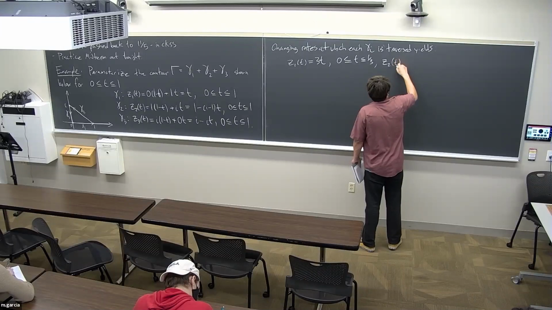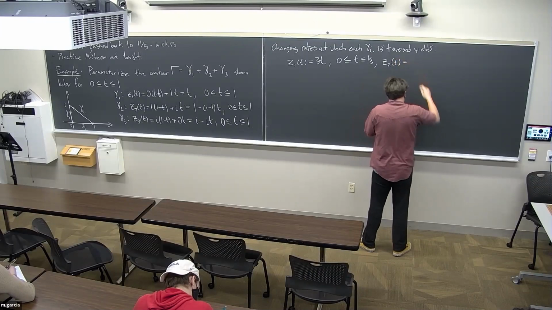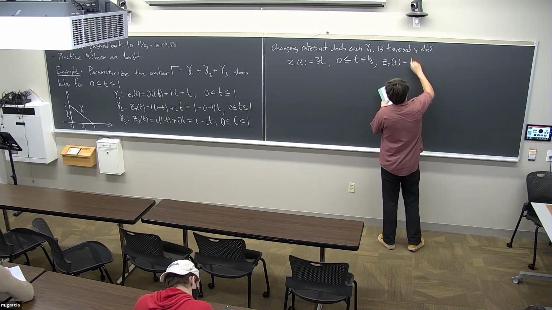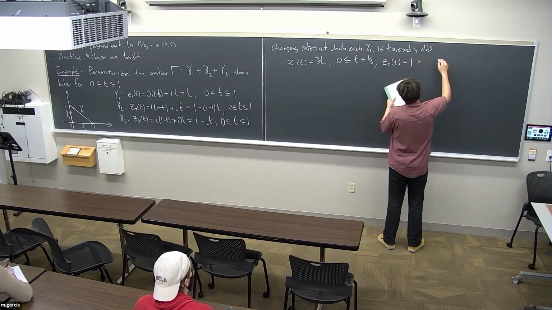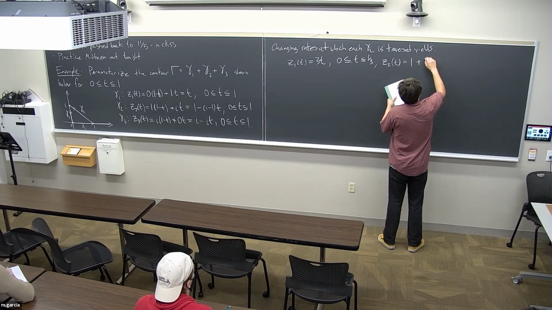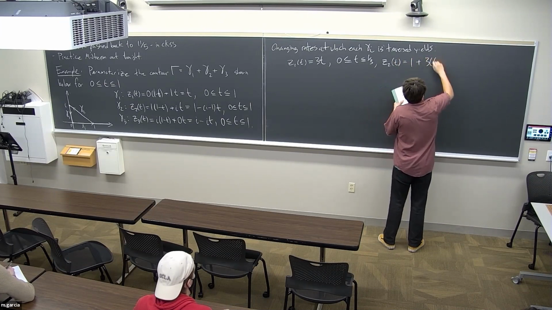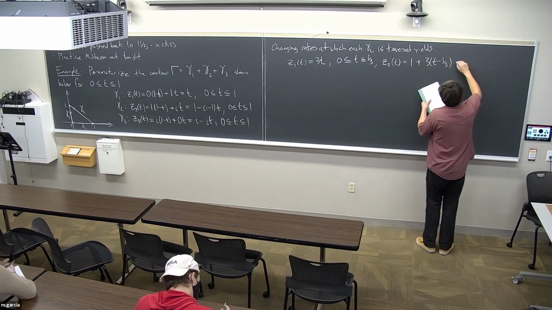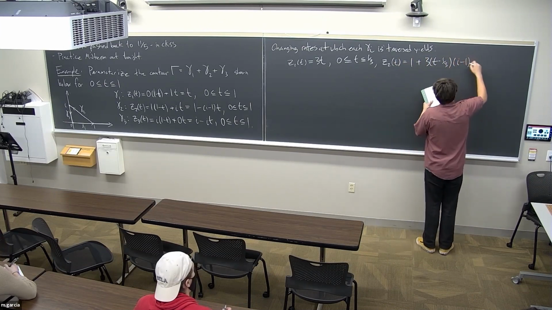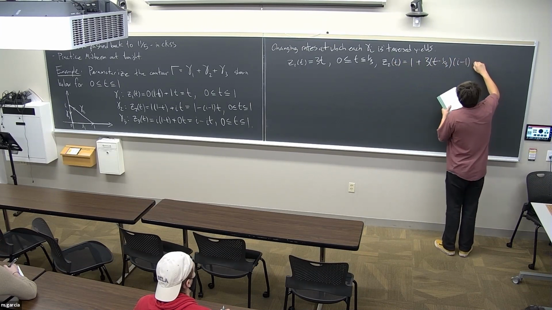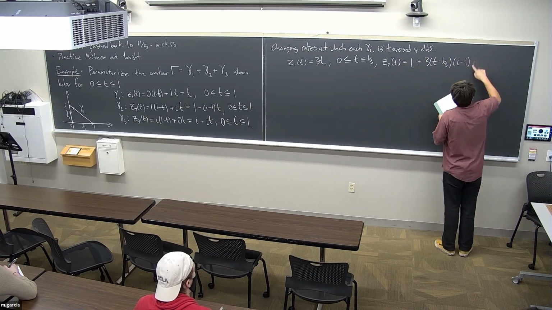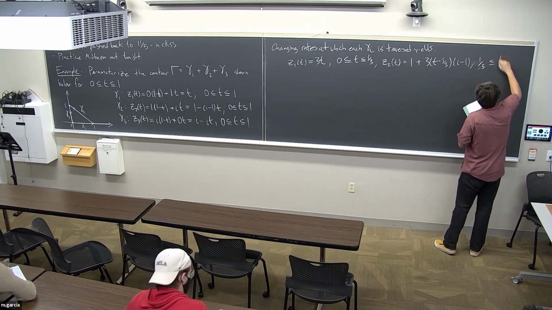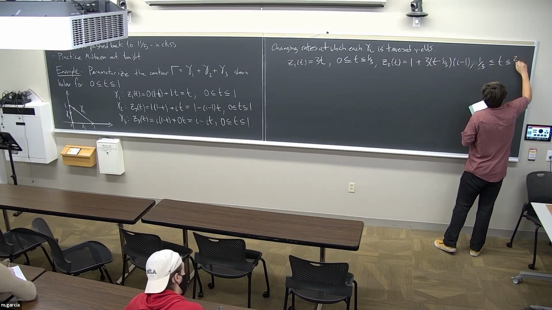z2 of t will then just say is 1 plus 3 times t minus 1/3 times i minus 1, going from 1/3 to 2/3.